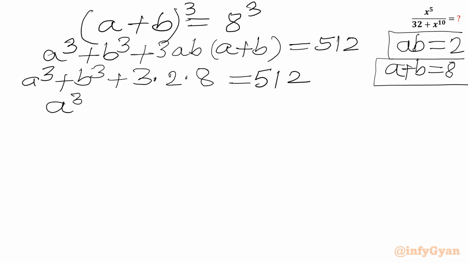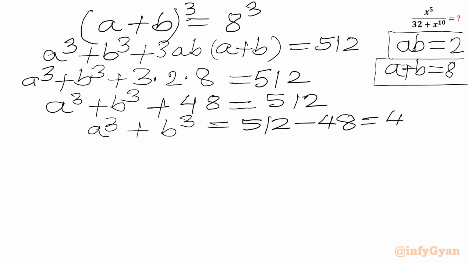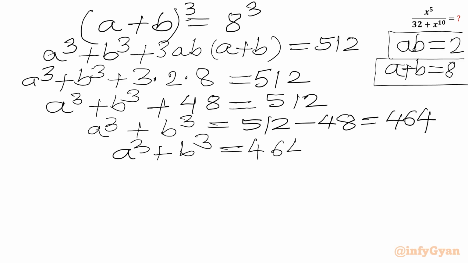So a cube plus b cube plus 48 equal to 512, or we will get a cube plus b cube equal to 512 minus 48. So this value will be equal to 464. So our equation a cube plus b cube equal to 464. We will call this equation number 2.